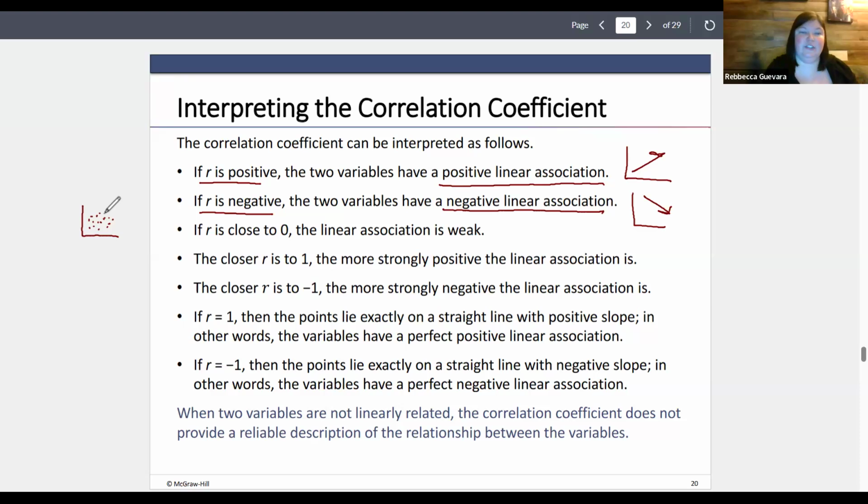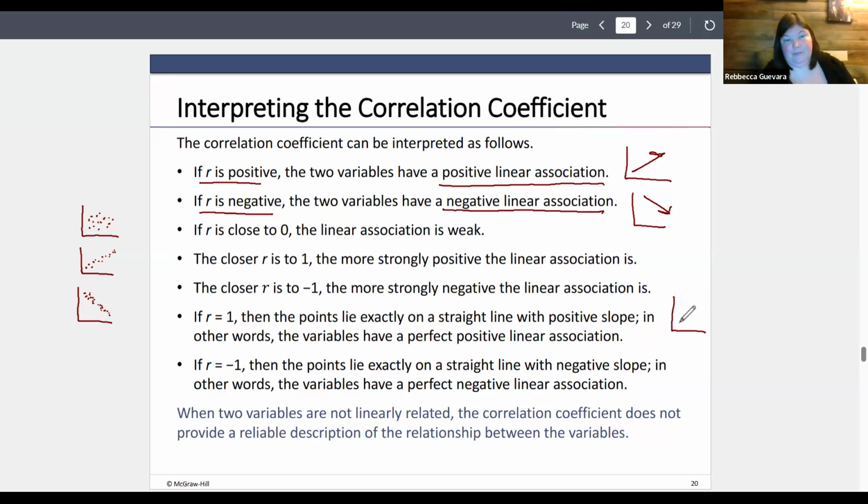The closer R is to 1, the stronger the positive linear association is. So if it's like that, that's a pretty strong, close linear association. The closer I am to -1, we're not further away, we're just closer to having a very strong negative linear association. However, this is probably never going to happen in the real world, but if R equals 1, then the points lie exactly on a straight line.